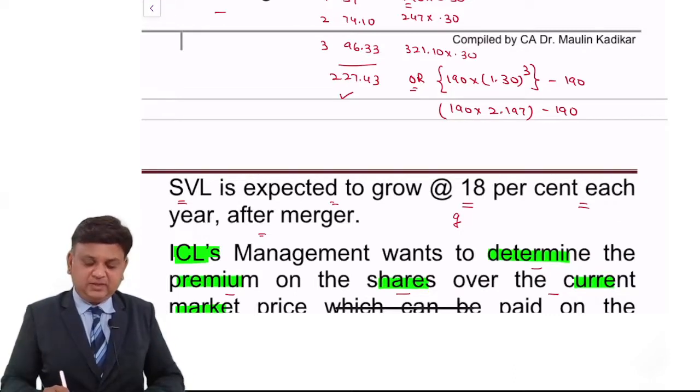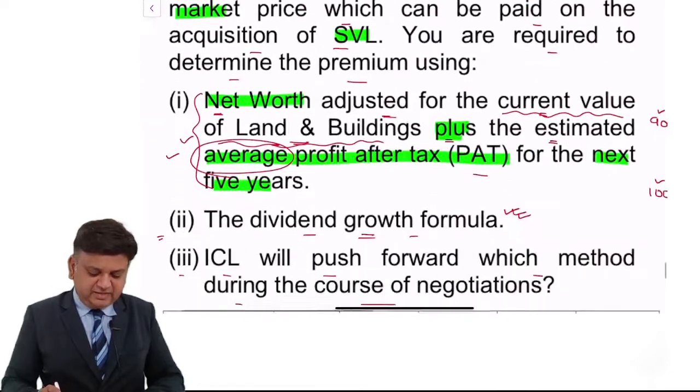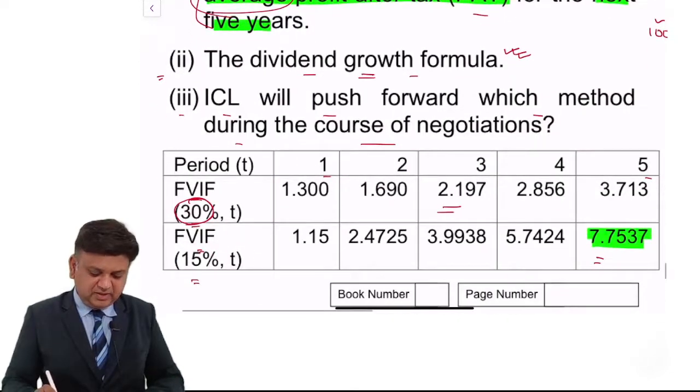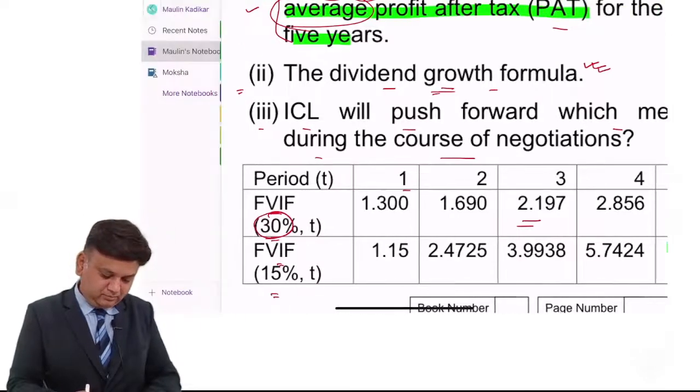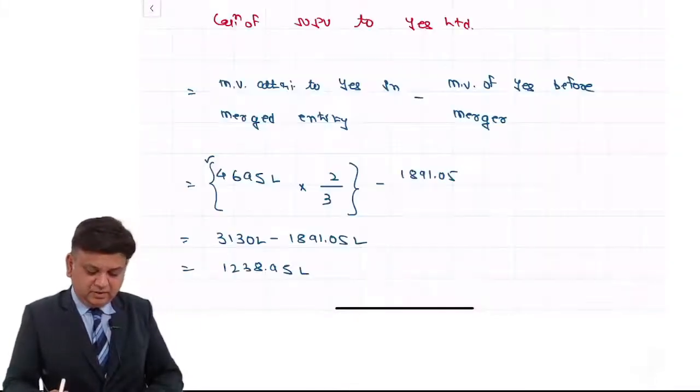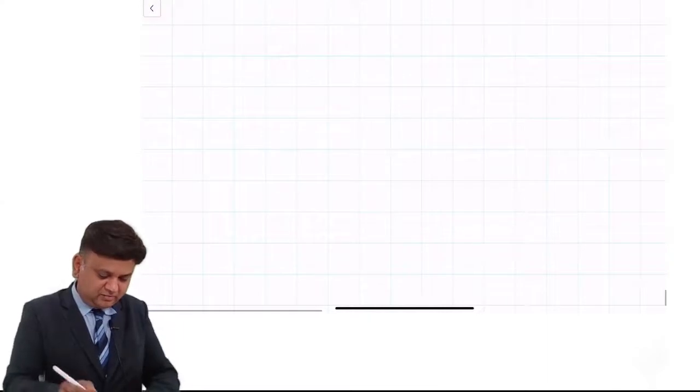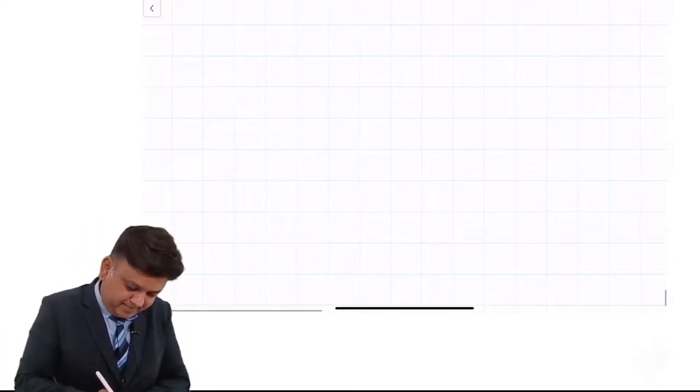This is the first method. Let us write first of all the answer for the first method, and then I'll discuss with you the second method. So I request all of you to write down the answer along with me. First point.